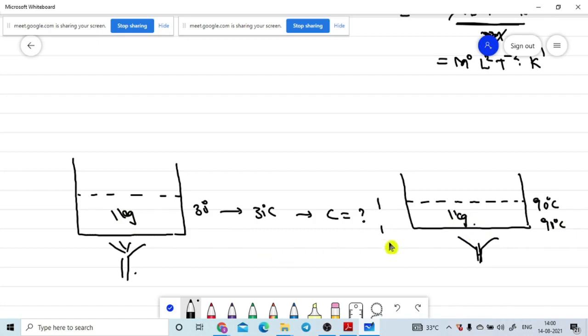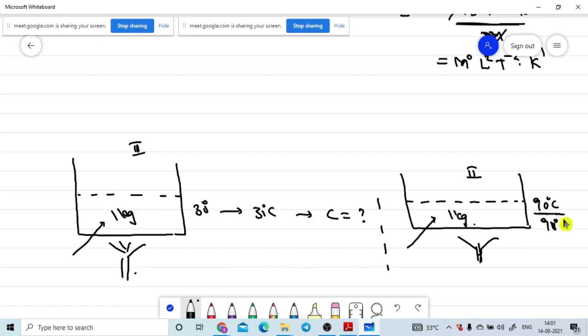Can you guess whether the same amount of heat energy is enough to supply for the rise of 1 degree Celsius in the second case? This is the second case, this is the first case. Is the same energy sufficient to raise 1 degree Celsius? Yes, sir. But this is absolutely wrong. Please once again recall what I am saying. Already the temperature is 90 degrees Celsius.